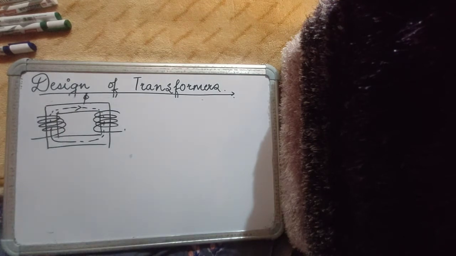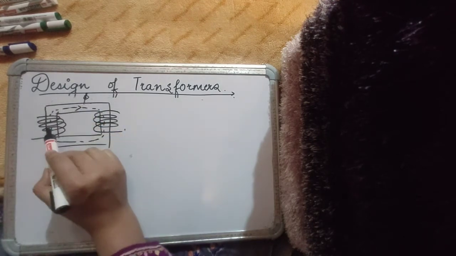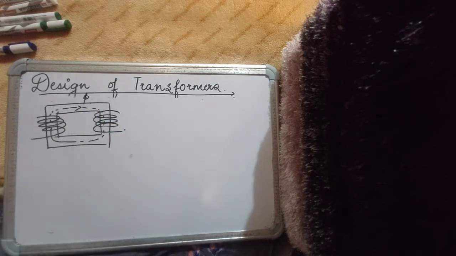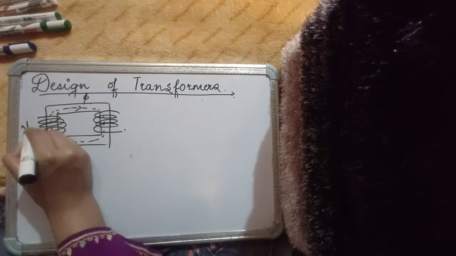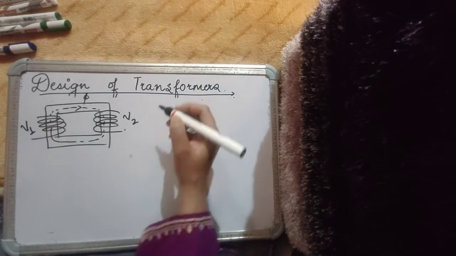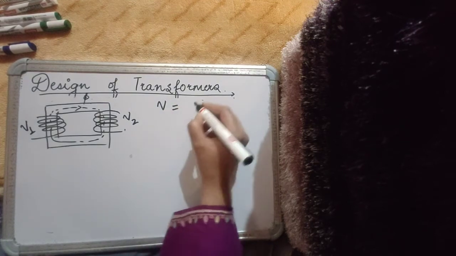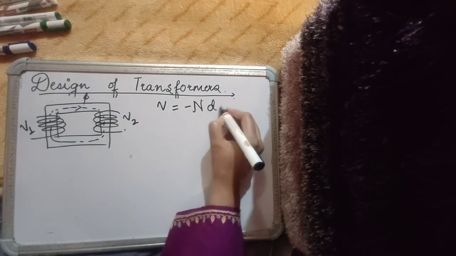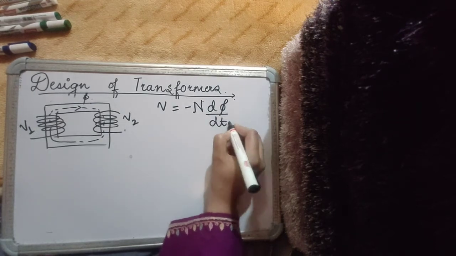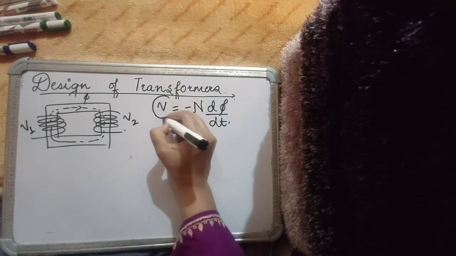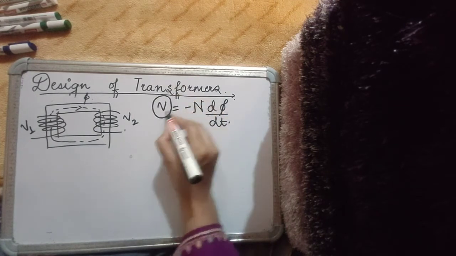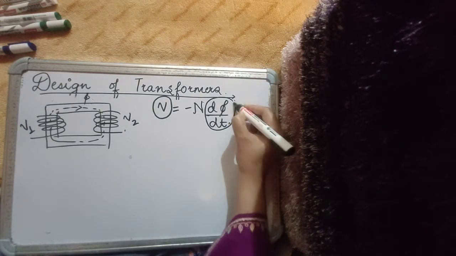Now, assuming that this is an ideal transformer, the same flux is linking with a primary as well as a secondary, and there is no leakage flux, then I know that if the voltage across the primary is V1 and that across the secondary is V2, then the basic equation governing it is V = -n dφ/dt. Or in other words, we can say that the winding associated with any flux establishes an EMF or voltage across it in such a way that it opposes any change in flux.